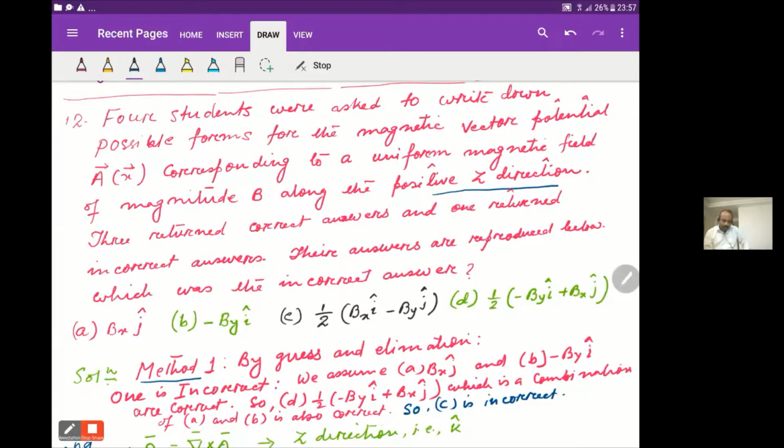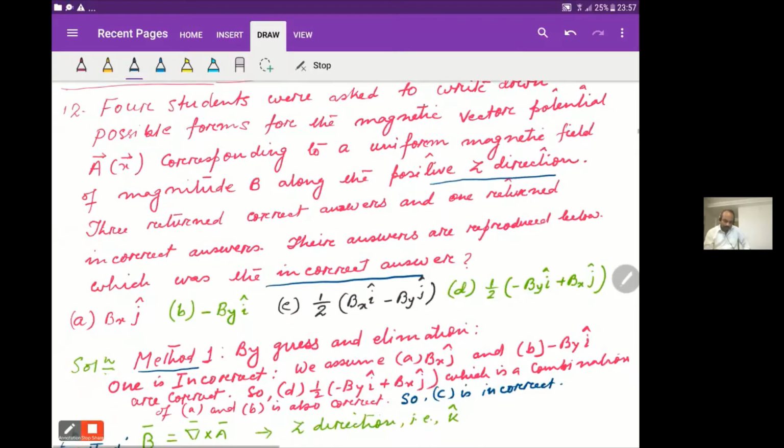Three returned correct answers and one returned an incorrect answer. Their answers are reproduced below. Which one was the incorrect answer? So you have to find out the incorrect one.